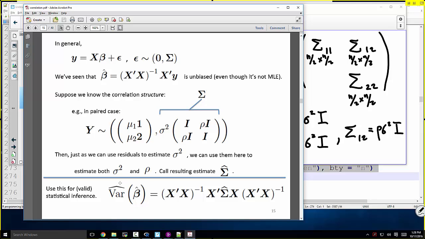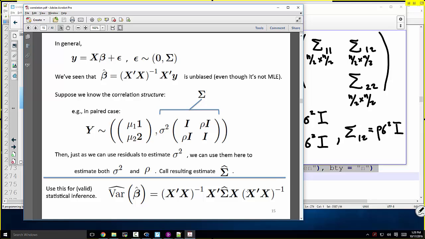Namely, if you did IID regression, the variance of beta hat under that scenario is this sandwich-looking thing: X transpose X inverse, X transpose, sigma in the middle, and then the transpose of the left part on the right, X transpose X inverse.